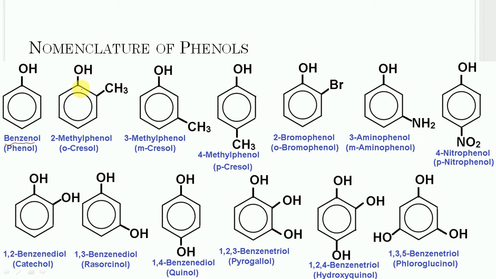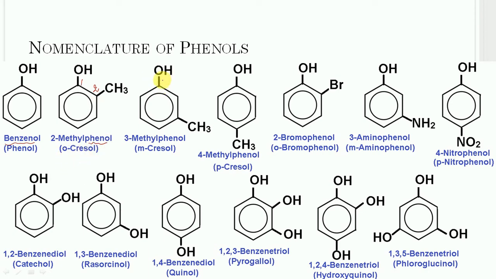So let us consider the examples. This one is carbon number 1 and this one is carbon number 2. So it is 2-methylphenol. It is the IUPAC name and the common name is orthocresol.